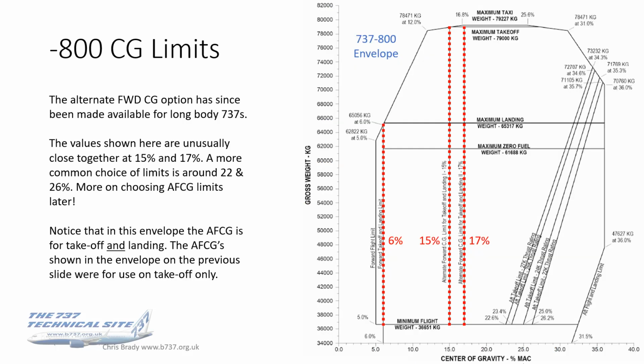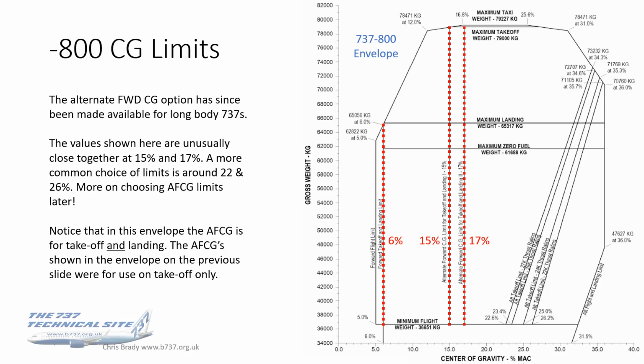On the 800, a typical envelope might look like that. The values shown on this particular one are unusually close together at 15 and 17%. A more common choice of limits is usually around the 22-26% range, give or take 2%.